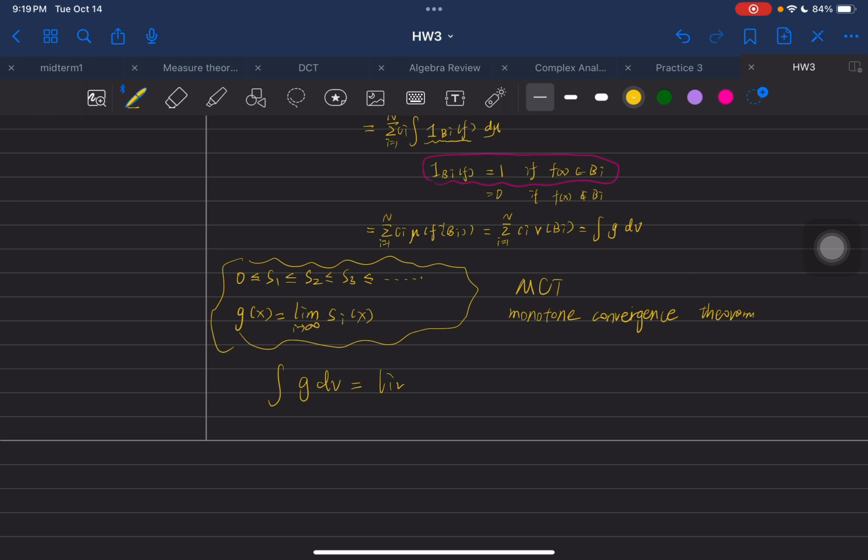So essentially the integral of g d nu would be the limit as i goes to infinity of the integral of the simple functions s_i with respect to d nu, and as we've already shown, the result holds for simple functions, so it has to equal the limit as i goes to infinity of the integral of s_i composite with f d mu.